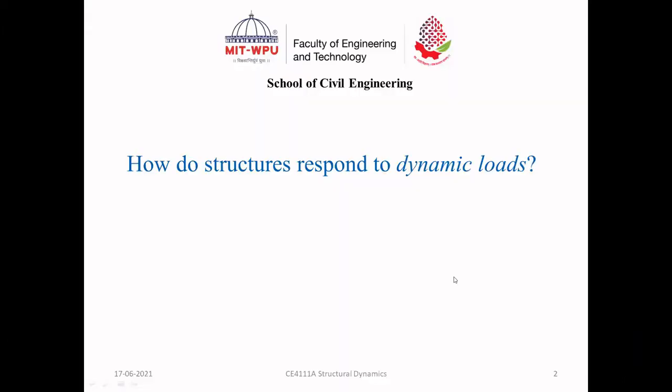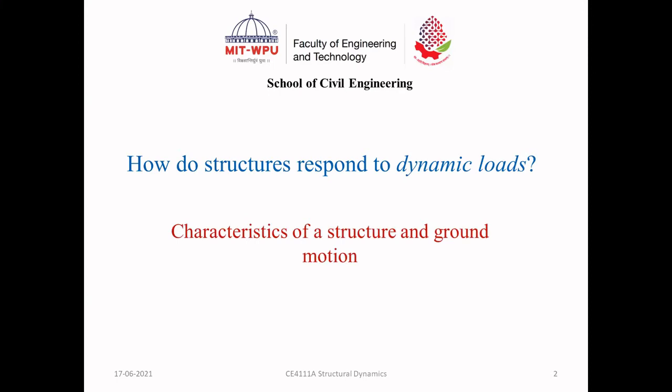What do we understand from this experiment? The response of the structure is driven by two things. One, the characteristics of the structure itself, and two, the characteristics of ground motion.